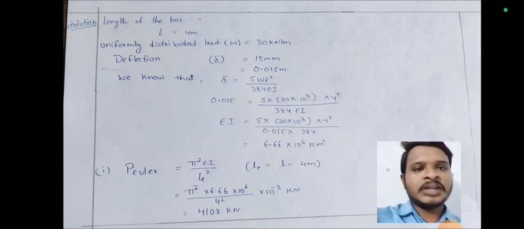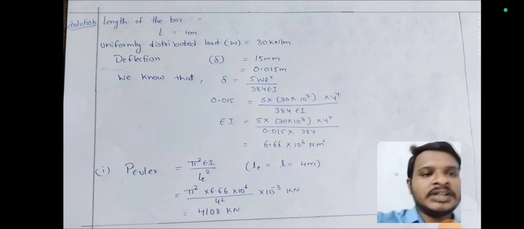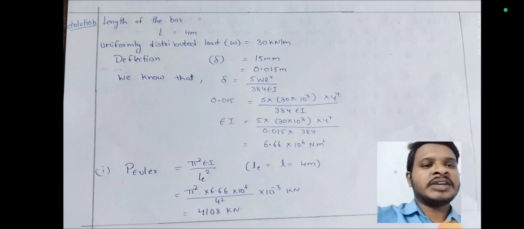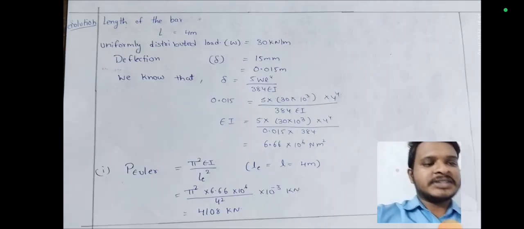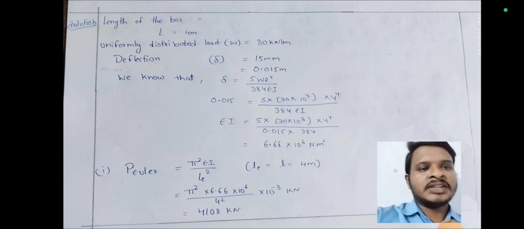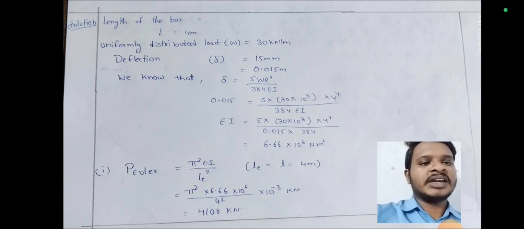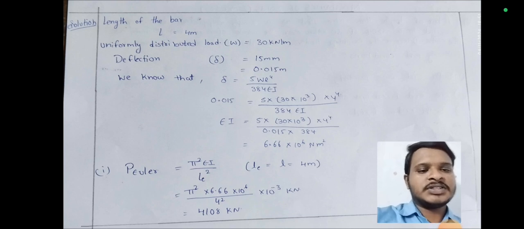While doing any problem, we have to find the correct formulas to get the correct answer. The formulas used: deflection is equal to 5 WL power 4 by 384 EI, and P Euler is equal to pi square EI by LE square.